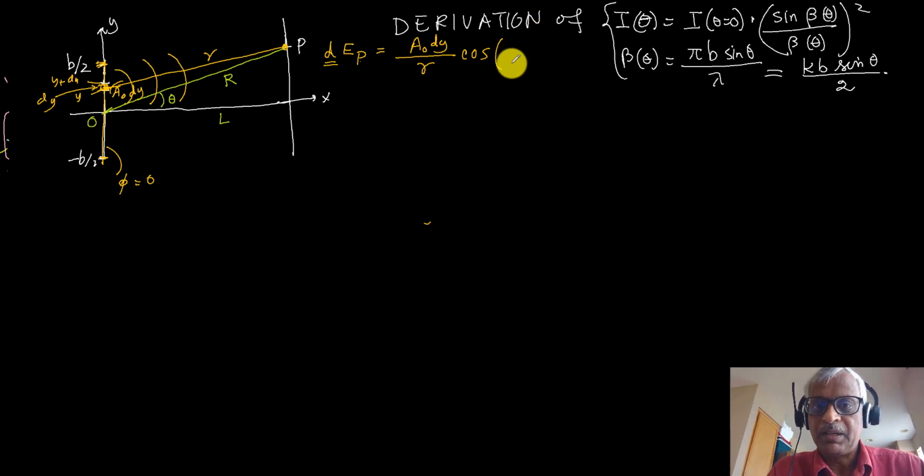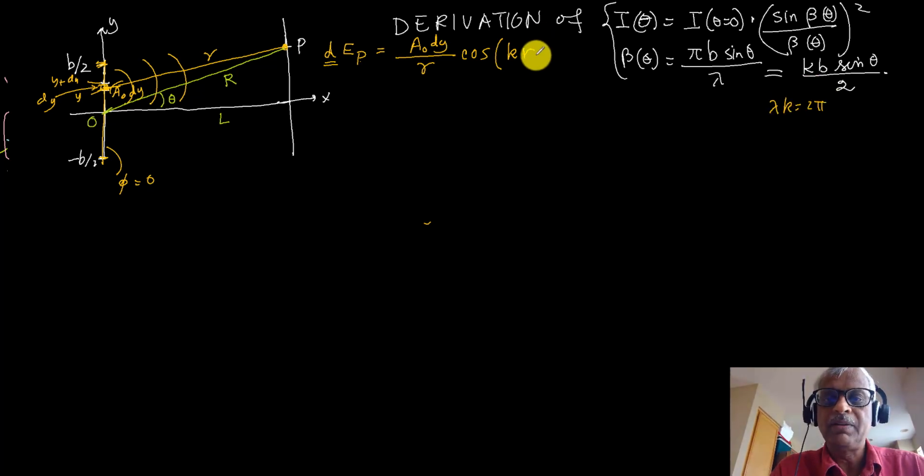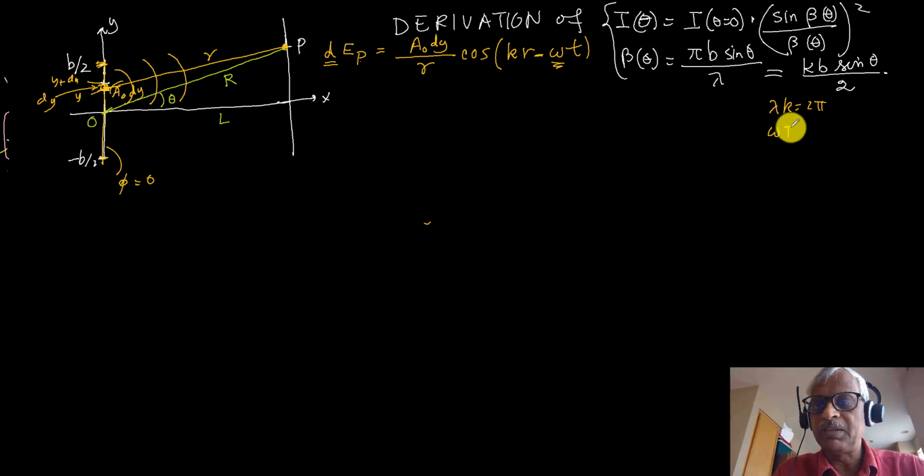Okay, so cosine theta, I'm going to get k times r. K is, lambda times k is 2 pi, so k is related like that, minus omega t. So I'm going to look at one frequency, omega times time period, or omega over frequency, is 2 pi.